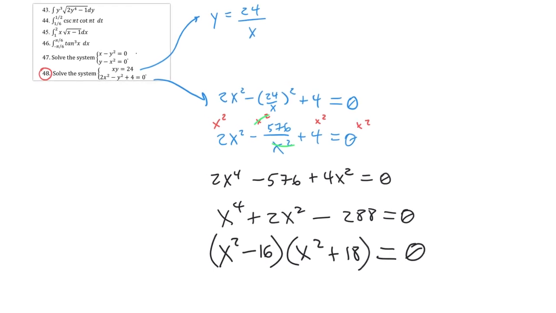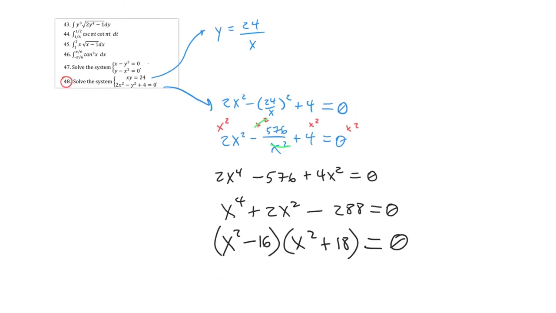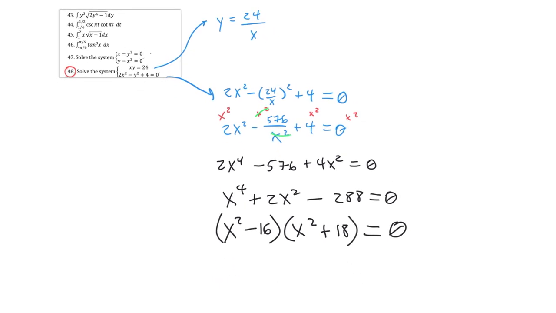So investigating further, we can see that when we decide to set this equal to 0, x would equal plus minus 4.